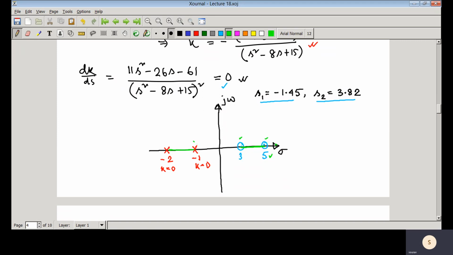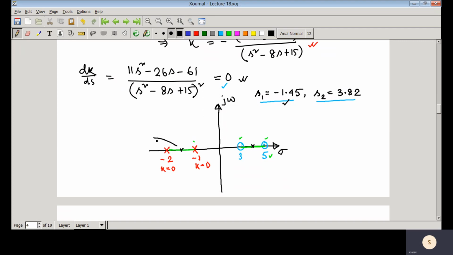So these two parts belong to the root locus. Then we have seen there is a point at -1.45, which is inside this particular segment, and the other one is s2, which is inside this particular segment.